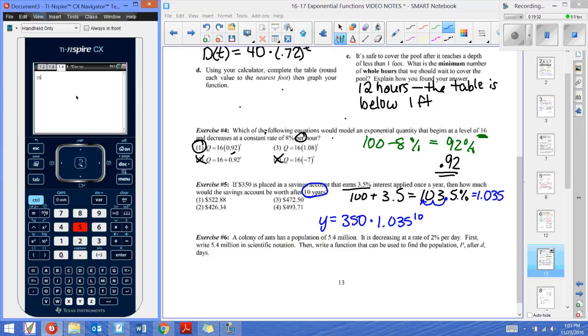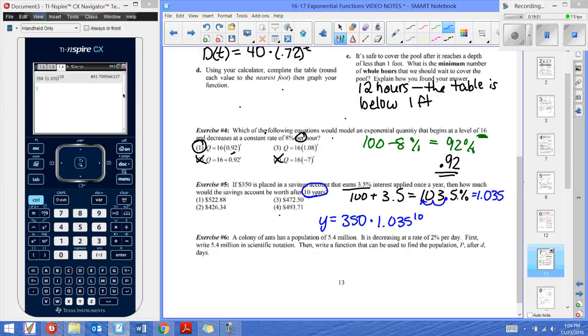We just need to simplify the right-hand side. 350 times 1.035 raised to the 10th power, which would equal, if we look at our answer choices, $493.71. Notice how they rounded to the nearest cent, because that's how money works.